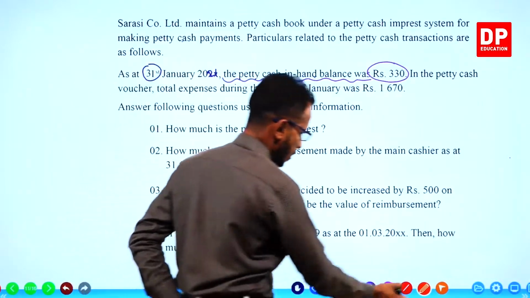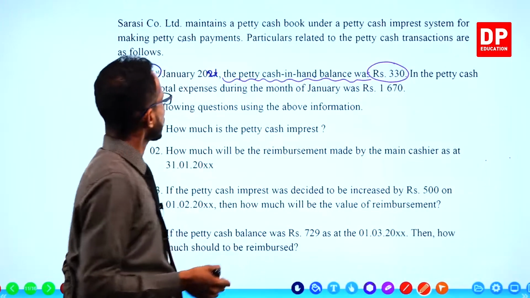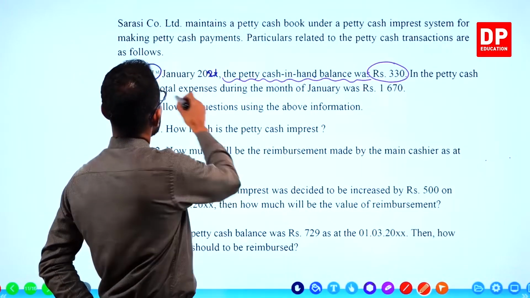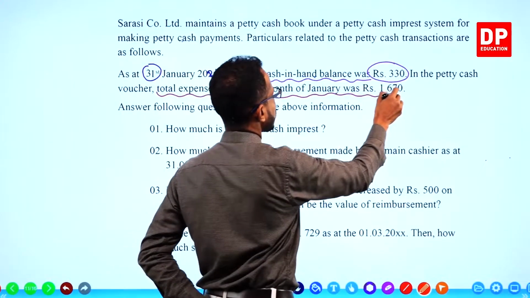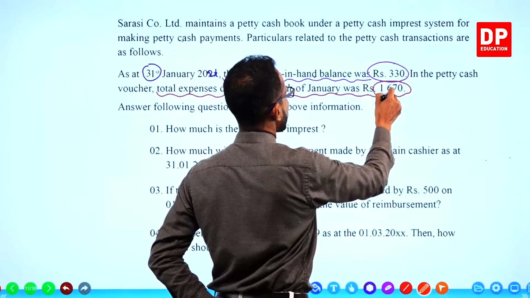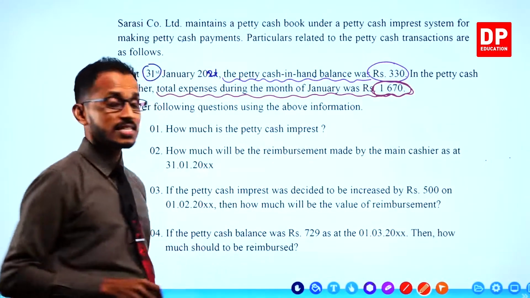And total expenses during the month, 1,670.